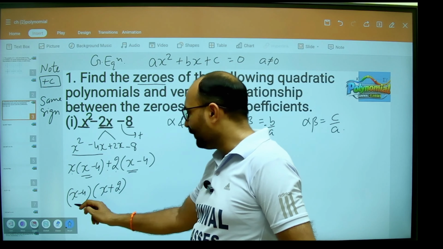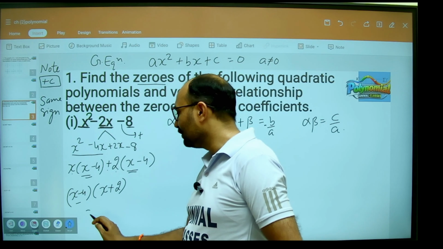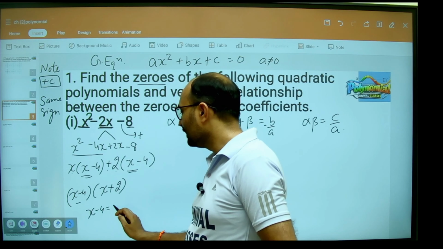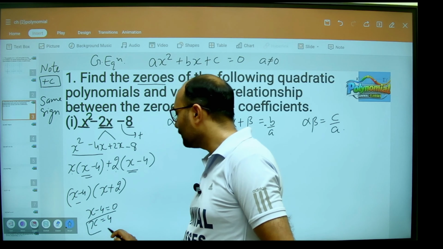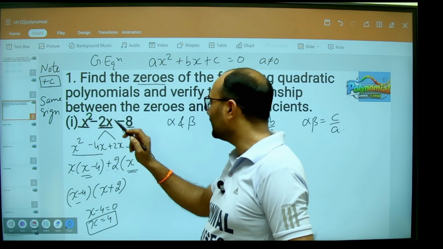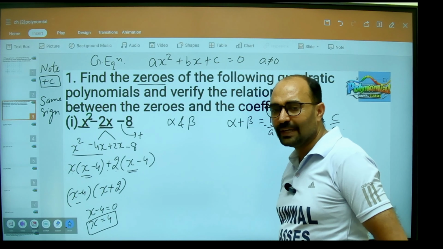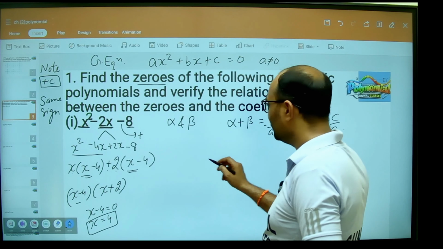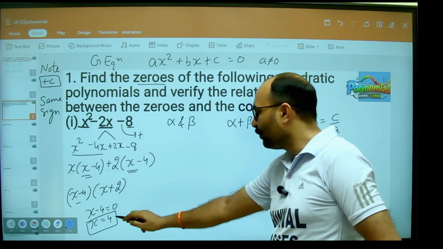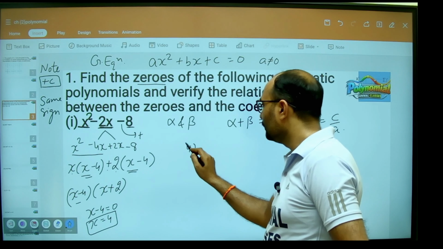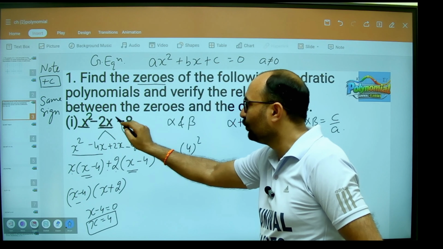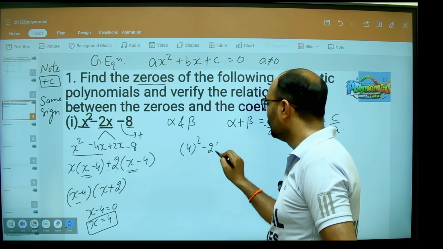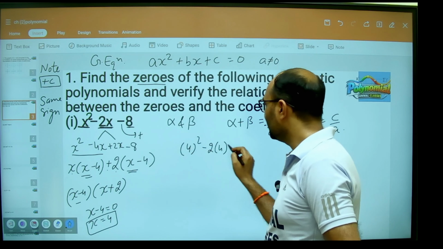If we equate this to 0, then x is equal to 4. If we substitute 4 in this expression, we will get 0. Let's try. If we substitute, 4 square, minus 2 into 4, minus 8.